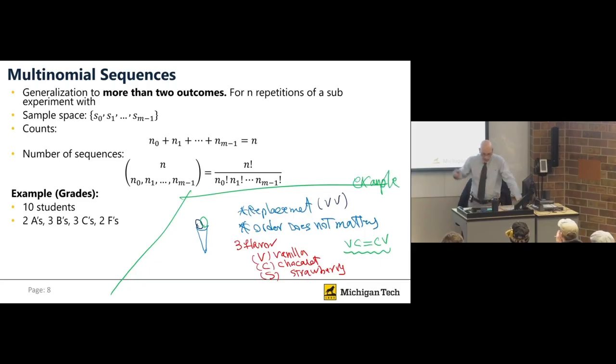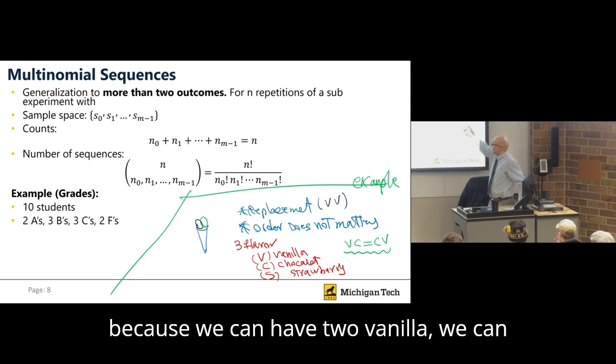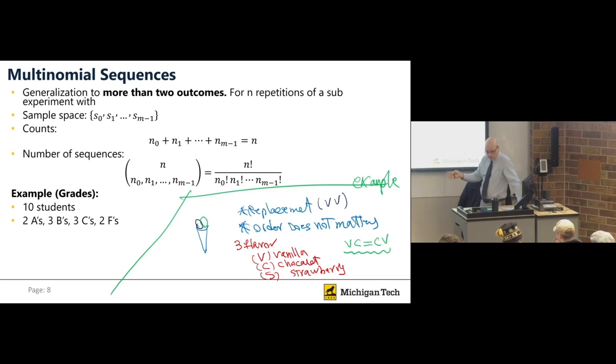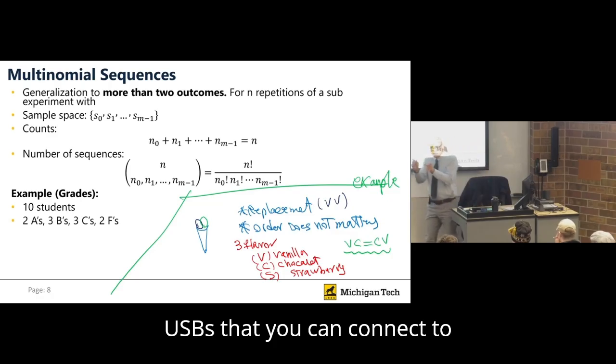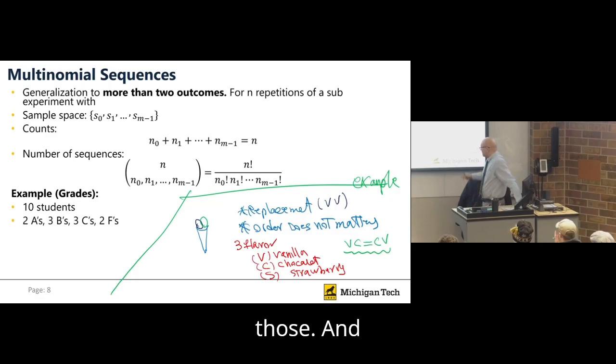We have replacement because we can have 2 vanilla, 2 chocolate, or 2 strawberries. Like those USBs that you can connect to similar devices.